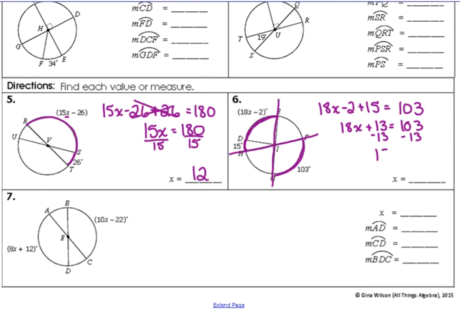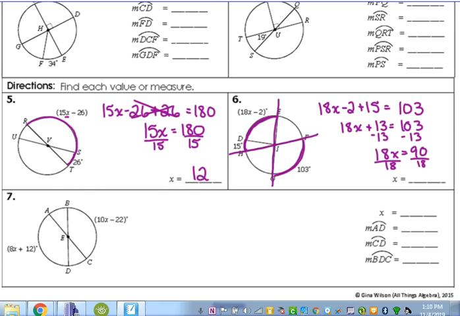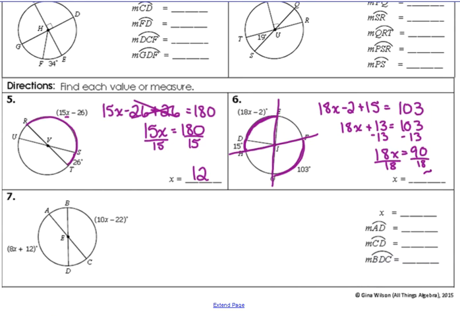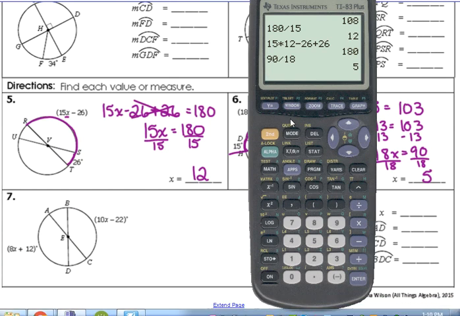Subtract 13, we get 18x is equal to 90. Divide by 18, and I think that's 5. Yep, x equals 5. And again, if you want to be thorough, check your answer.